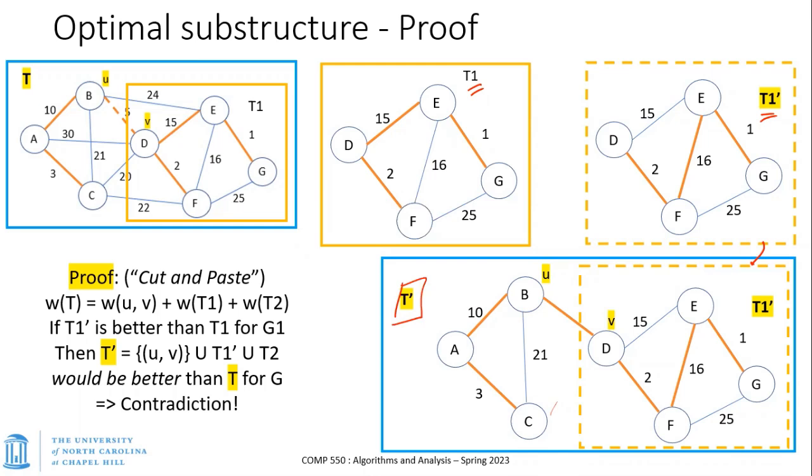So essentially, proof by contradiction, or you can say a cut and paste proof mechanism, has been used to visually show that to you. This is considered a formal proof. So the problem does have an optimal substructure, and this optimal substructure will become important as we go forward in the algorithm.